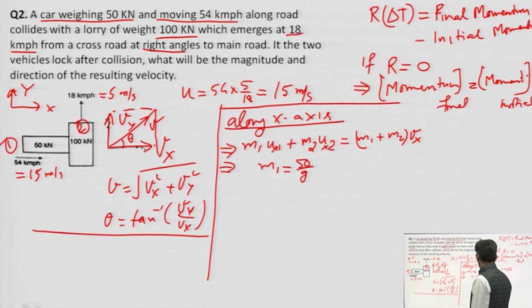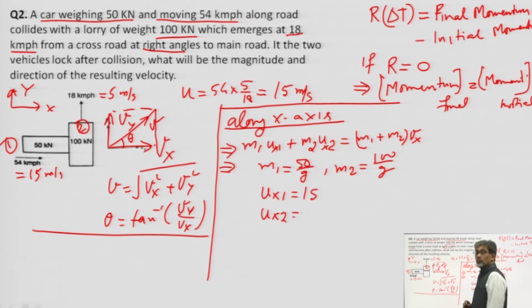So m1 is this, and m2 is 100 divided by g. And u x1 is how much? It is 15. What is u x2? The horizontal component for vehicle 2, since its velocity is vertical, is 0.